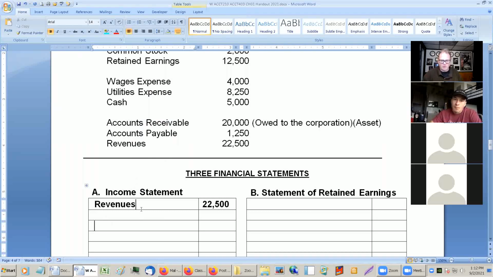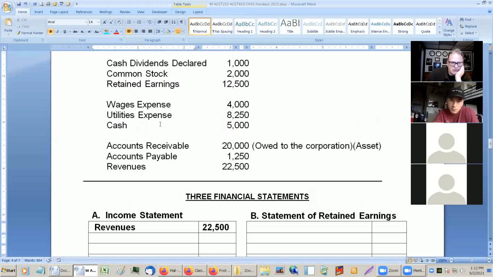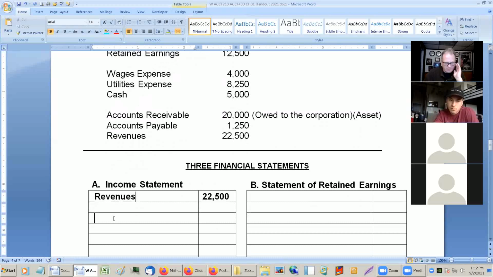So this is money coming in. Whatever it is we do for the business, this is money we got from our customers, or we earn from our customers. And then we subtract out wages and utilities. Good.